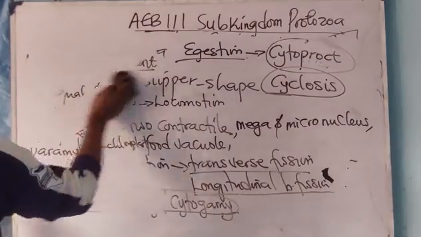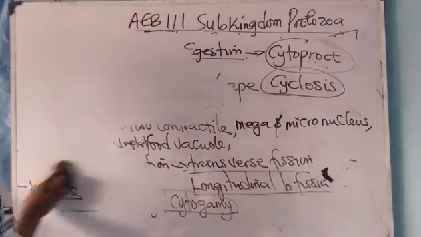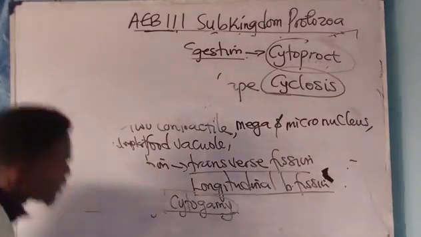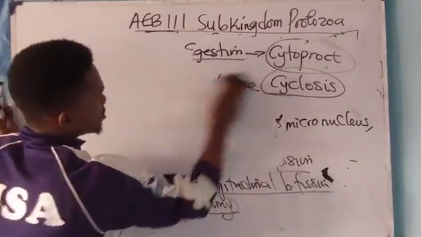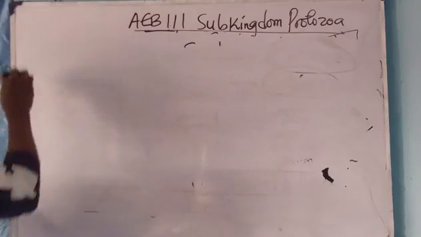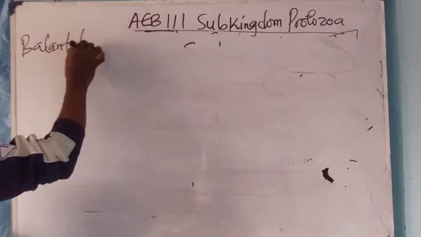Now, examples of ciliophorans are Balantidium.